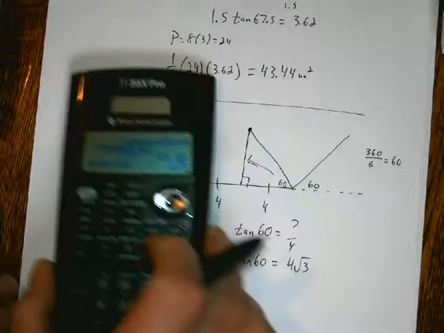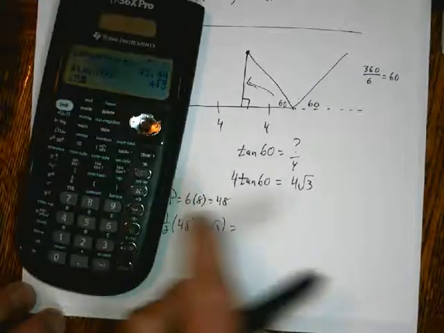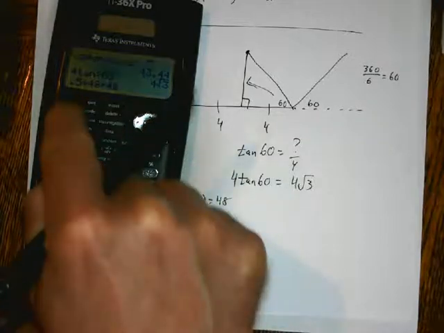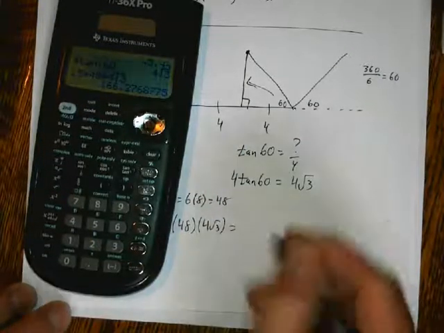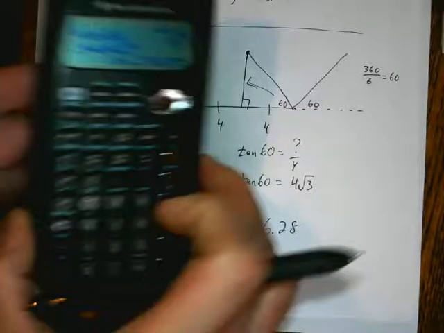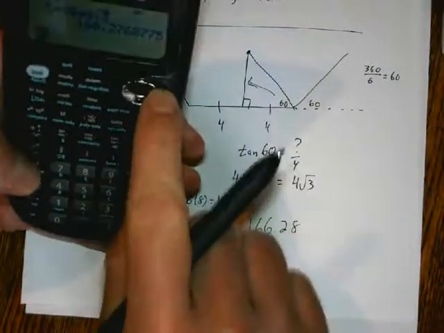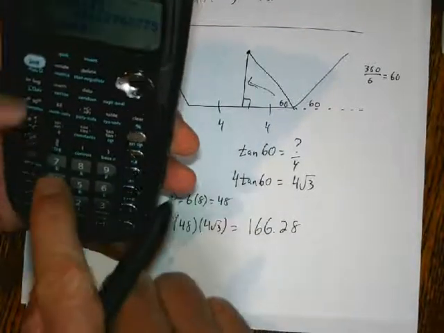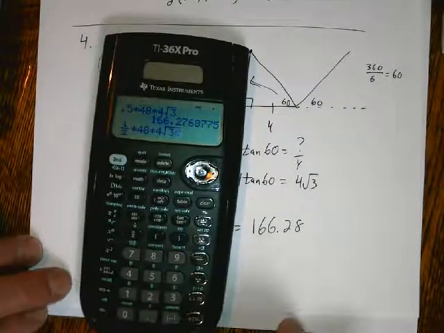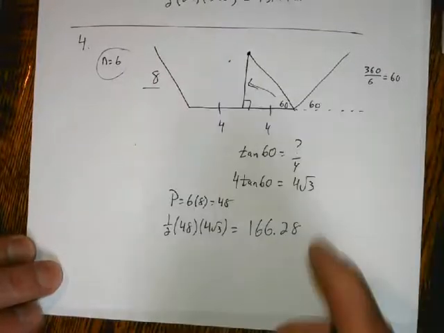Just type it all straight in. 1/2 times 48 times 4 root 3 gives me an area of 166.28. Now, I think if I did this with a fraction bar, it would have done it cleaner. If I did it with a fraction bar, nope, it does the same thing. Okay, I wasn't sure. So anyway, there you go with that, and then our units.